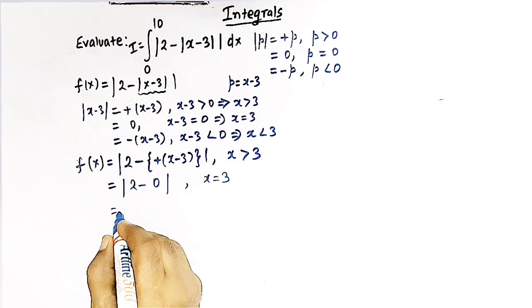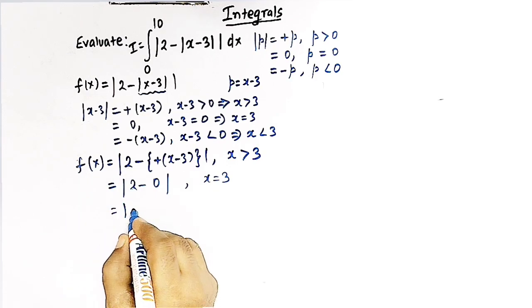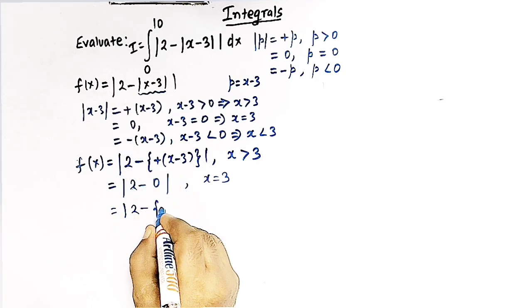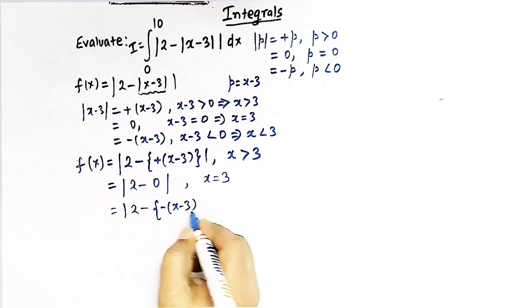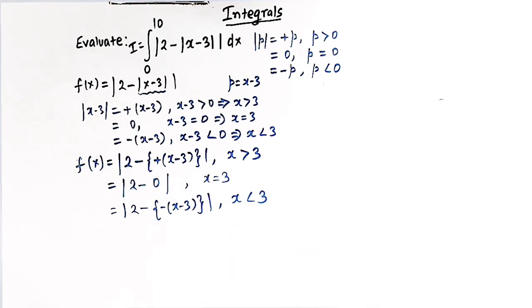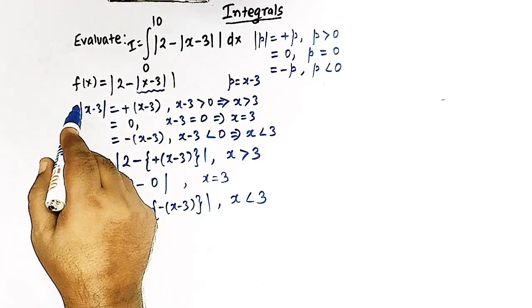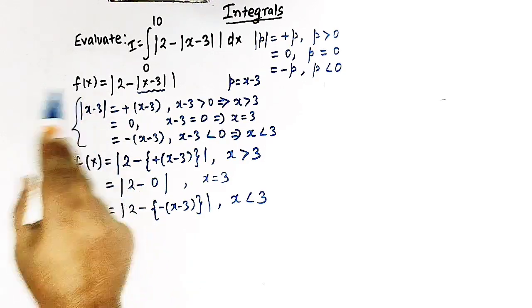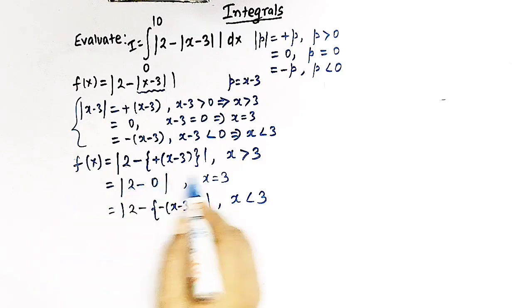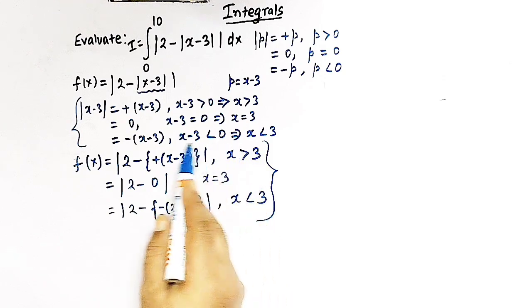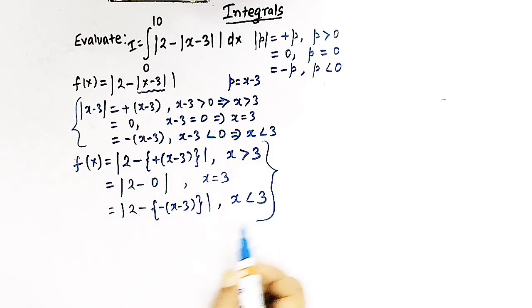And f of x is equal to mod of 2 minus negative of x minus 3 when x is less than 3. So inserting the definition of mod of x minus 3 in f of x, we can now define f of x like this, right? So let us simplify all these expressions.